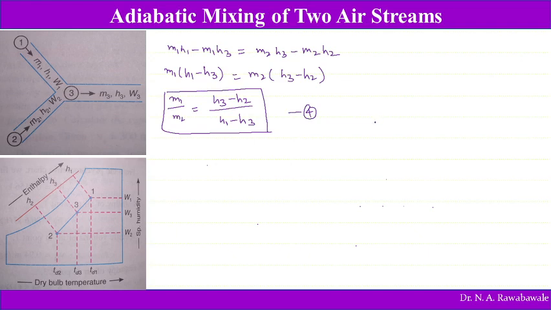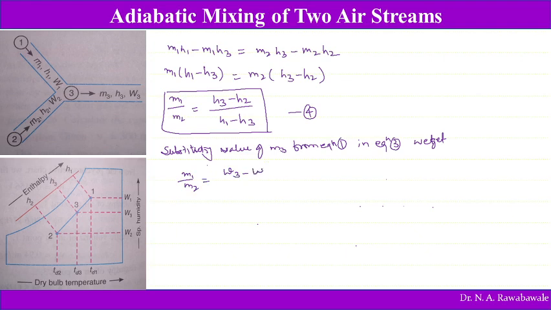Now similarly, substituting the value of m3 from equation 1 in equation number 3, we get, directly we will simplify, and finally the result we will write: m1 divided by m2 is equal to (omega 3 minus omega 2) divided by (omega 1 minus omega 3). So this is equation number 5, say.